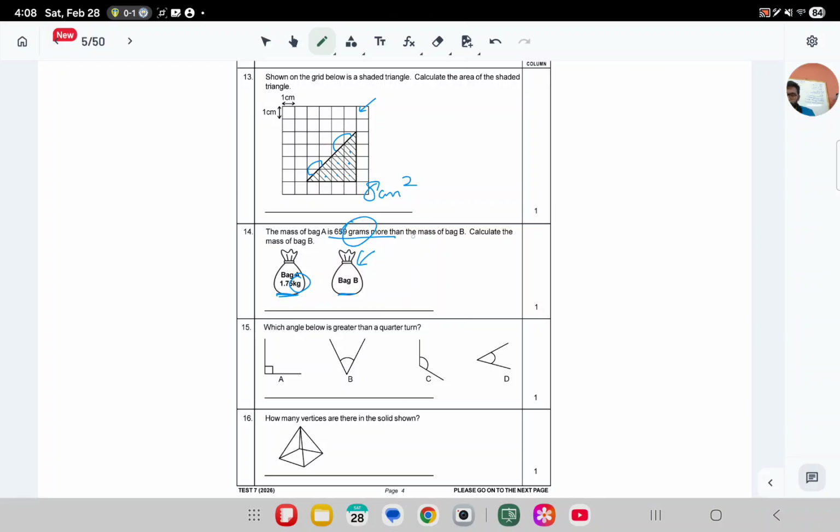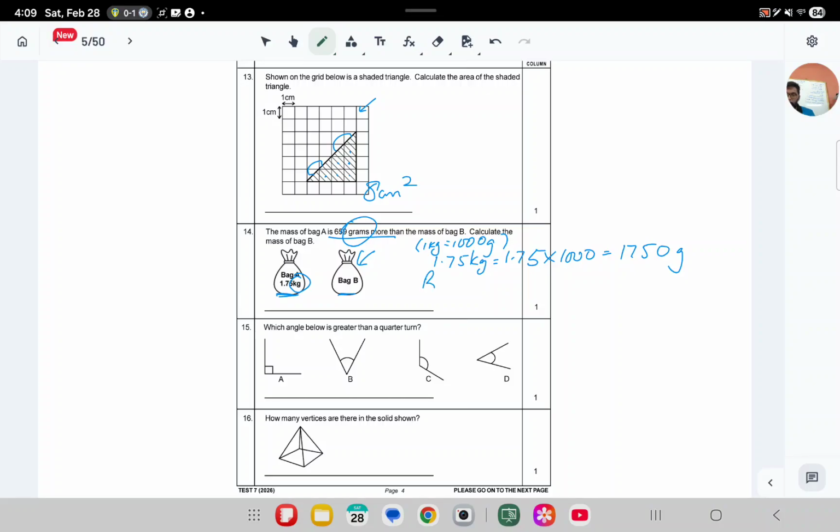For me, I will convert all to grams. So I know 1 kilogram is equal to 1000 grams. So 1.75 kg is equal to 1.75 multiplied by 1000. And whenever we multiply by 1000, we move the decimal point 3 places to the right. So this becomes 1750 grams.